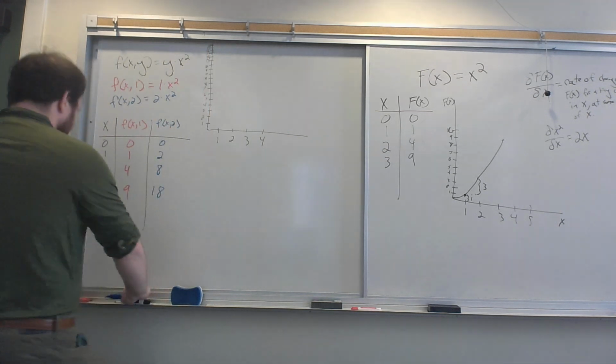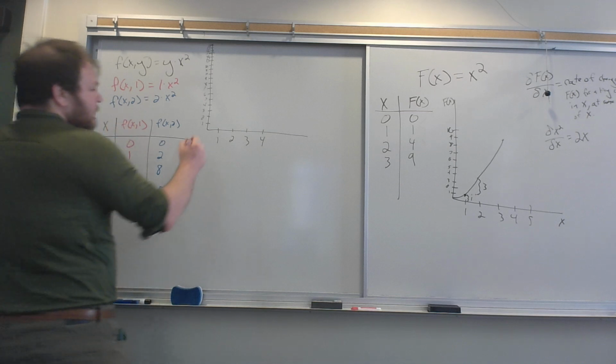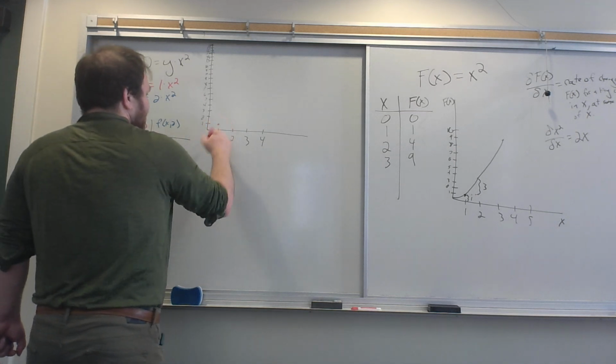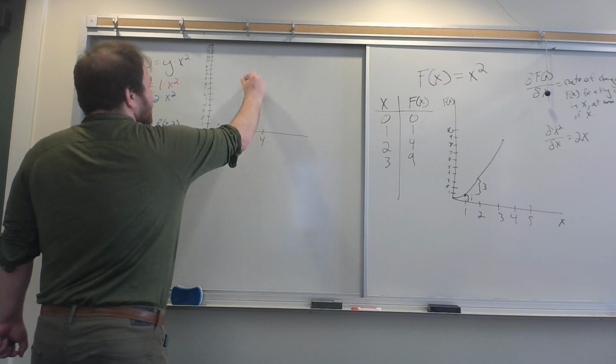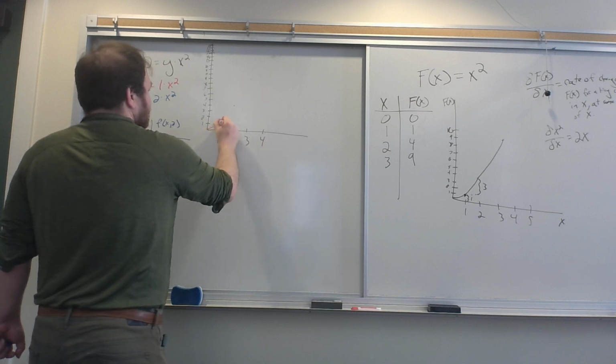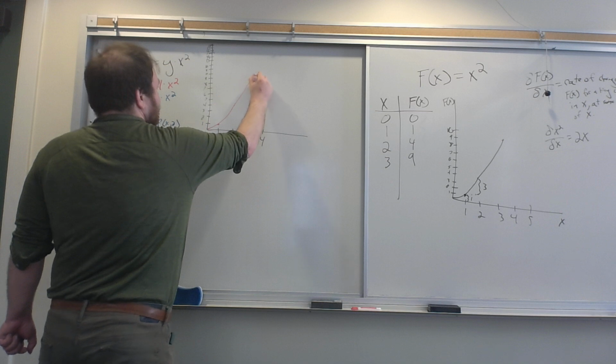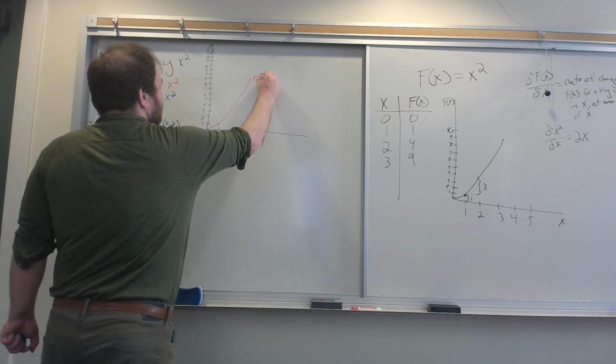If we graph first the value of the function when y equals 1, it's going to have a value of 1 when x is 1. It's going to have a value of 4 when x is 2. It's going to have a value of 9 when x is 3. Like this. This is going to be f of x and 1.